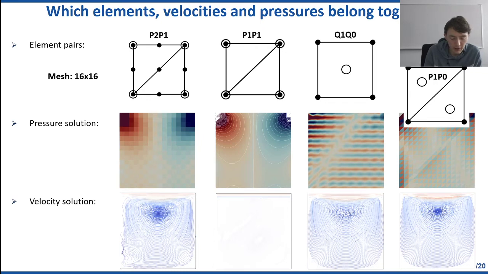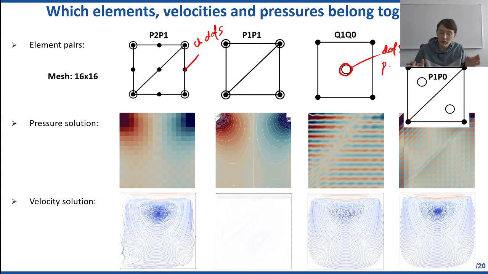What do these element pairs actually represent? So we see here two elements, one element here, and we see black dots and white circles. The black dots are degrees of freedom for the velocity, and the circles are degrees of freedom for the pressure.